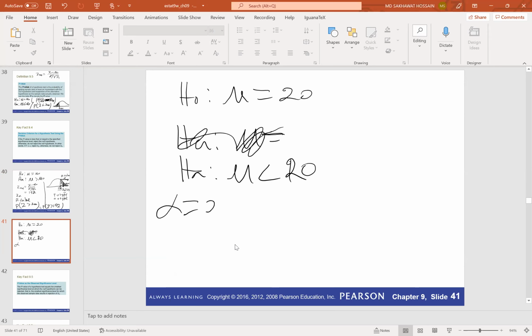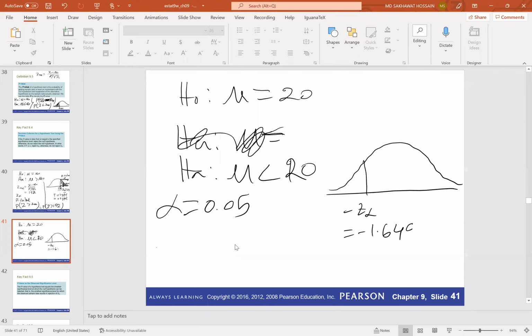Alpha is 0.05. So the critical value will be negative z alpha, which is negative 1.645.